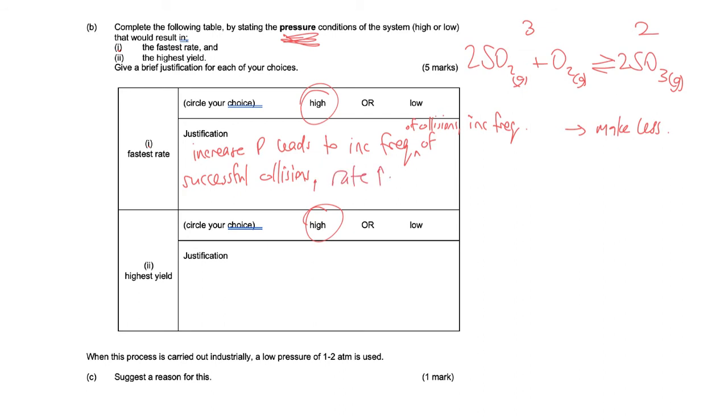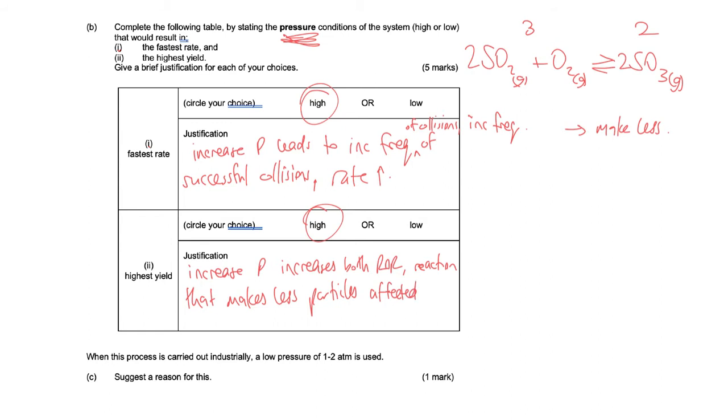But for the highest yield, you would say that increased pressure increases both rates of reaction. The reaction that makes fewer particles is affected more.